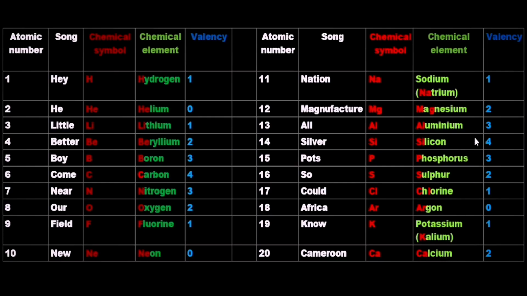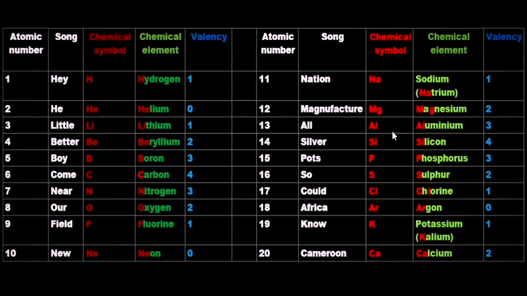Now you realize that for sodium and potassium, the chemical symbol is taken from the Latin or Greek name, natrium and kalium respectively. And again, you will observe that the chemical symbols are taken from either the element's name, like in the case of hydrogen, H, the first two letters, like in the case of helium, He, and the first letter and another letter, like in the case of magnesium, and so on.